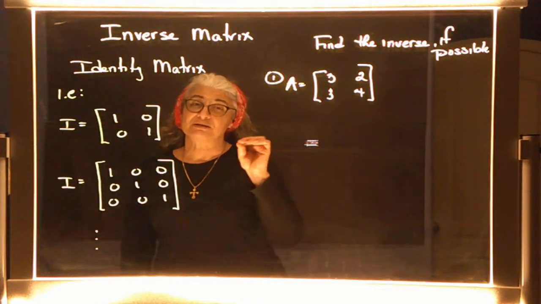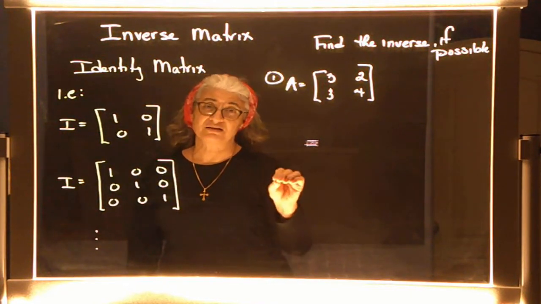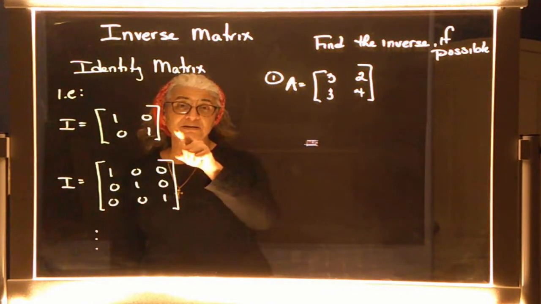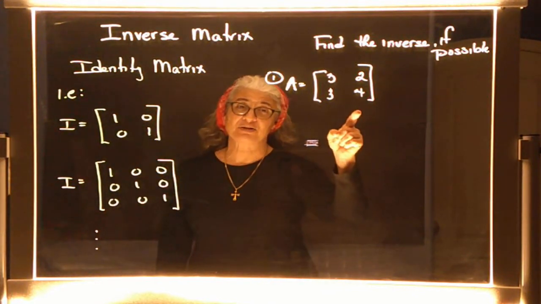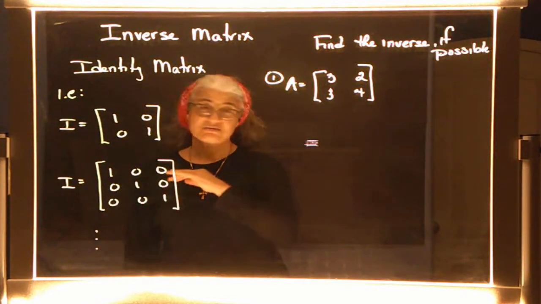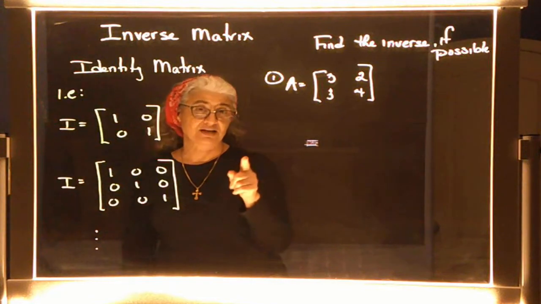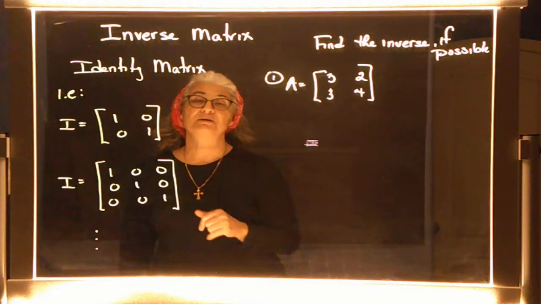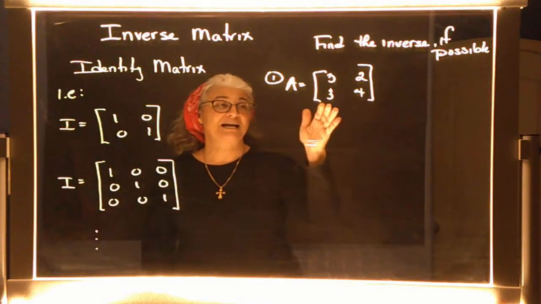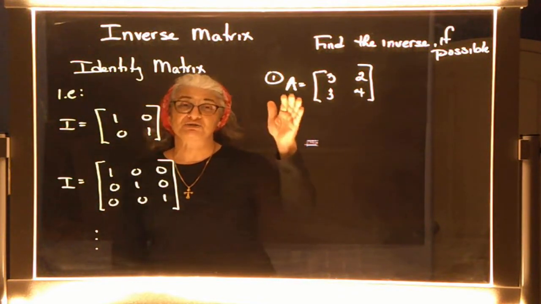The matrix I'm trying to find the inverse of must also be square. If it's not a square matrix, it's not going to have an inverse. Got it? Okay. So, in this particular problem, it is asking me to find the inverse of matrix A.